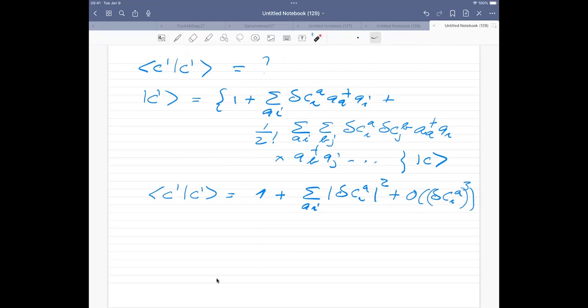So with this specific choice, this is not equal to 1, but what is equal to 1 is actually this one.